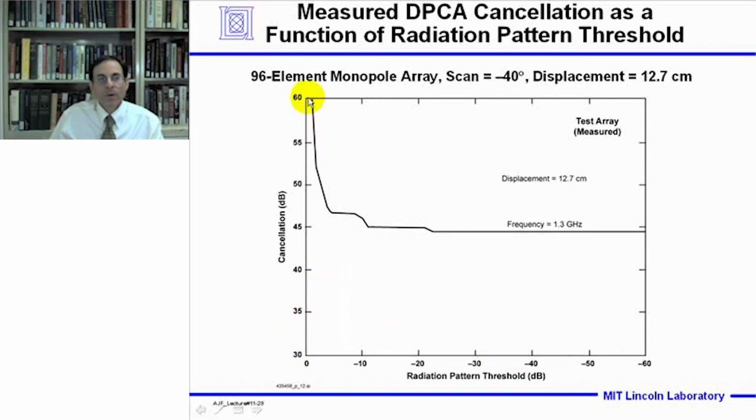So the cancellation is plotted up to 60 dB, and we see that as we take the data down toward the side lobes, the clutter cancellation performance levels off a little below 45 dB. This is at 1.3 gigahertz, where the phase center displacement is 12.7 centimeters. And so the pattern threshold is reached at approximately the -10 dB level. So most of the radar clutter cancellation performance depends on the main beam.